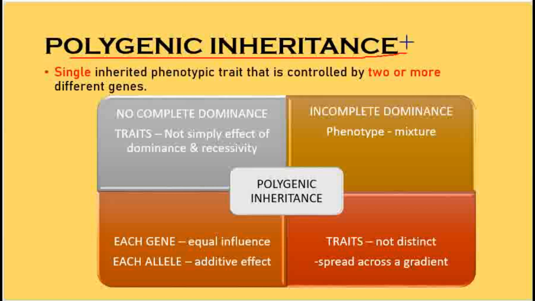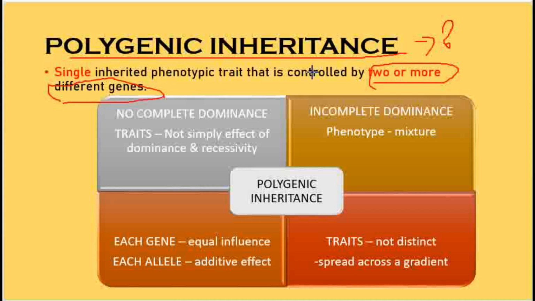So what is polygenic inheritance? It is a type of inheritance, that is, how traits are inherited from parent to offspring. In polygenic inheritance, a single inherited phenotypic trait is controlled by two or more different genes.